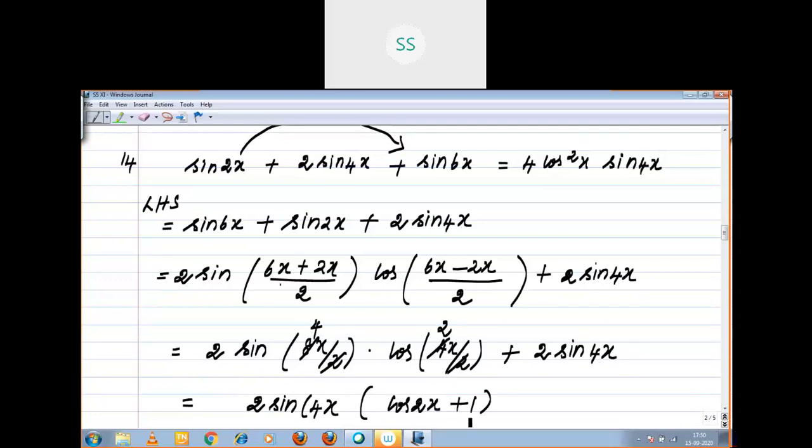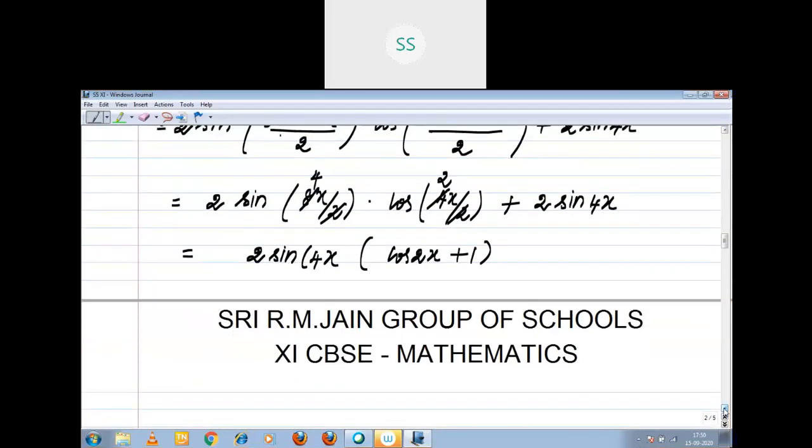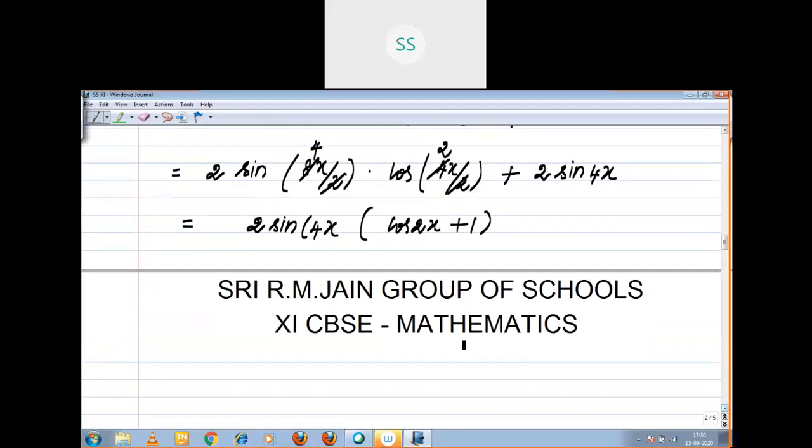Then what should be the rest? cos 2x plus 1, right? Again, I am going to recall the identity. cos 2x plus 1 or 1 plus cos 2x equal to 2 cos square x.